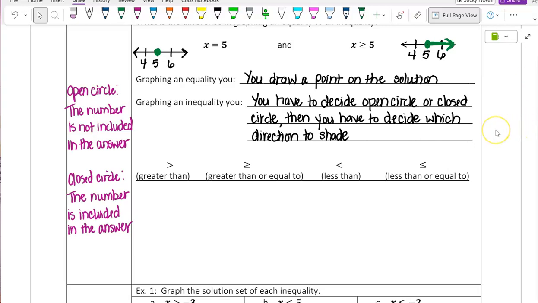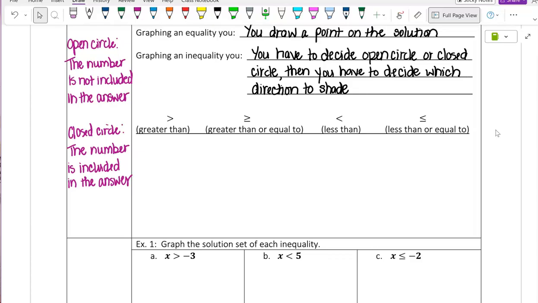Now, we're also going to need to know some words or phrases that will tell us these different symbols.